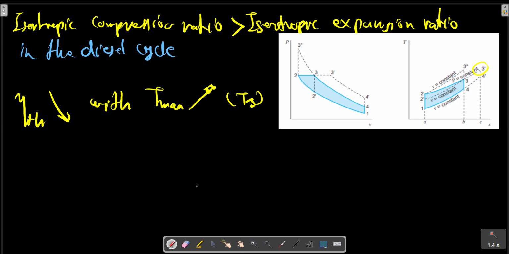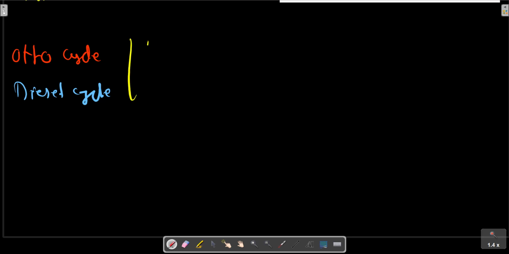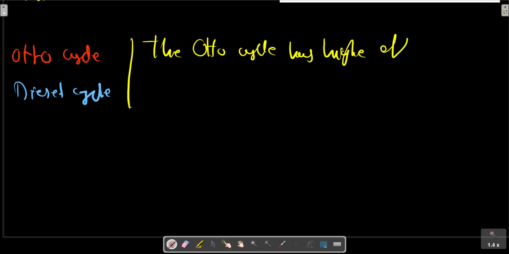The difference between Otto cycle and diesel cycle: the Otto cycle has higher efficiency in practice.